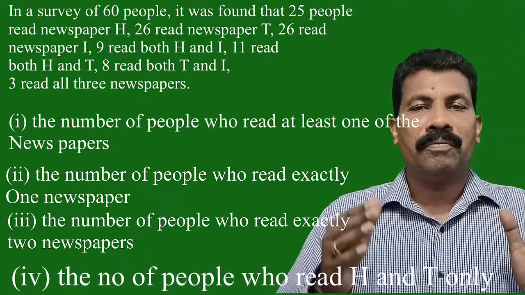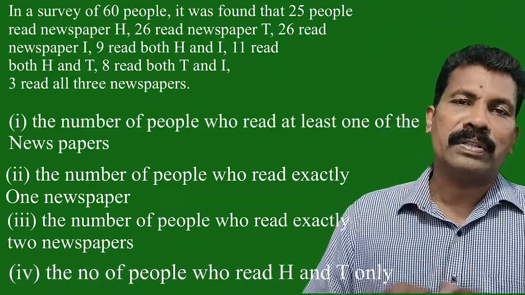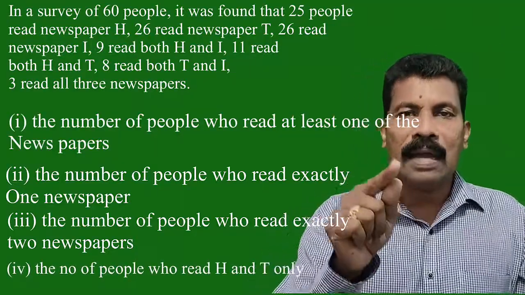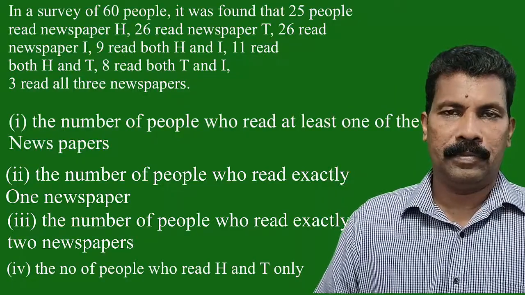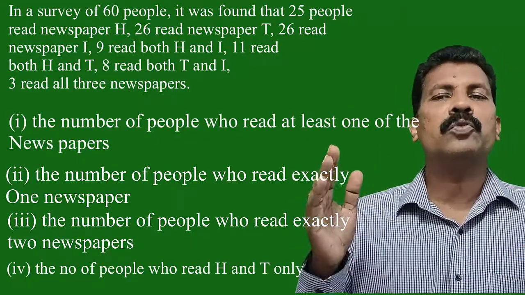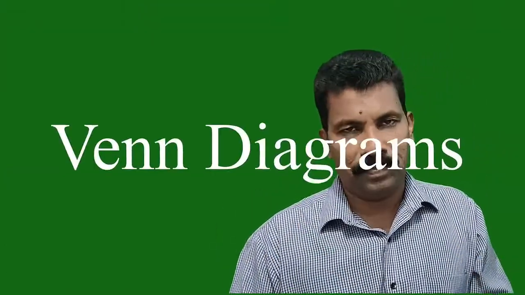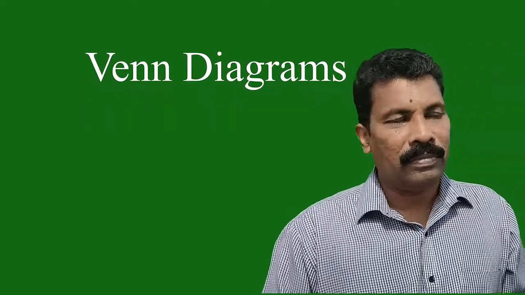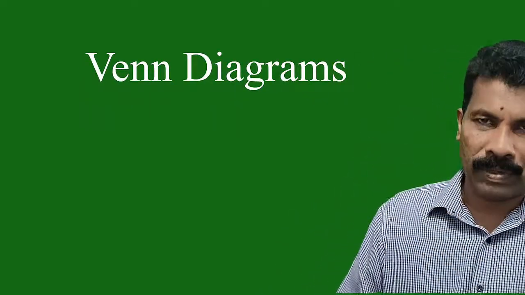Then we have to find the number of people who read H and T only. So how to answer these questions? Using Venn diagram, we can answer such a type of question in a very comfortable way.